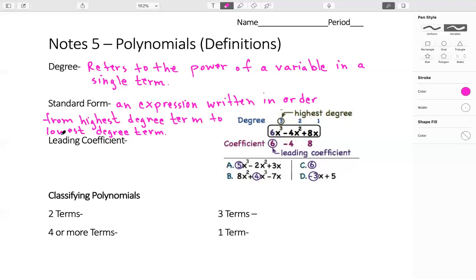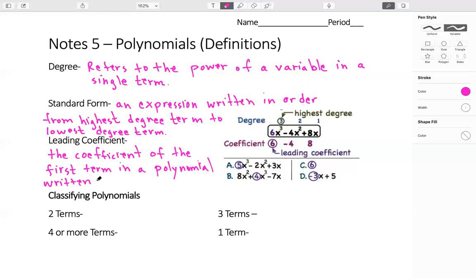Okay? The leading coefficient is the coefficient of the first term in a polynomial written in standard form.